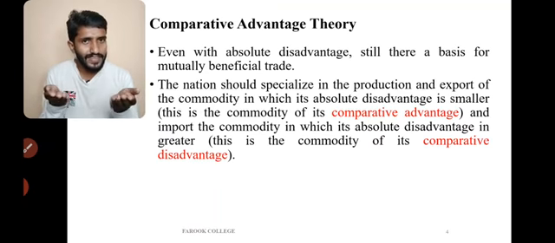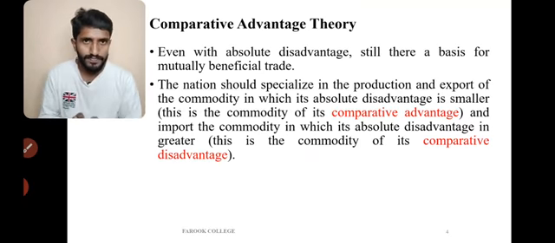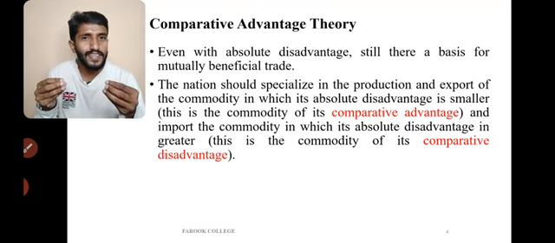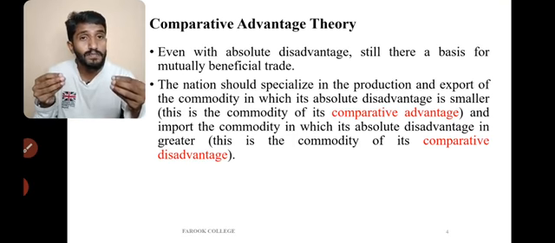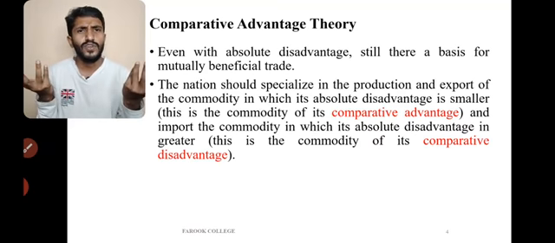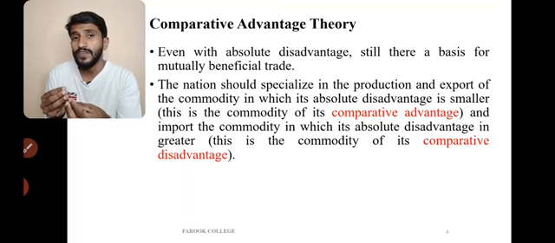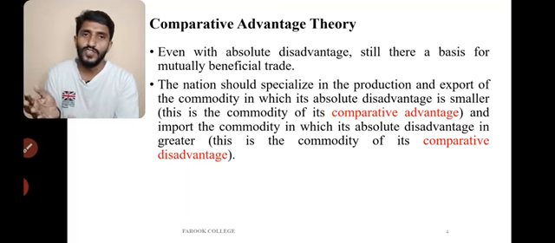So take the case of cloth and wheat, which is a famous example. If one country has a comparative advantage in producing wheat, then they should specialize in it and they should export it. If they have a comparative disadvantage in producing cloth, they should import it.